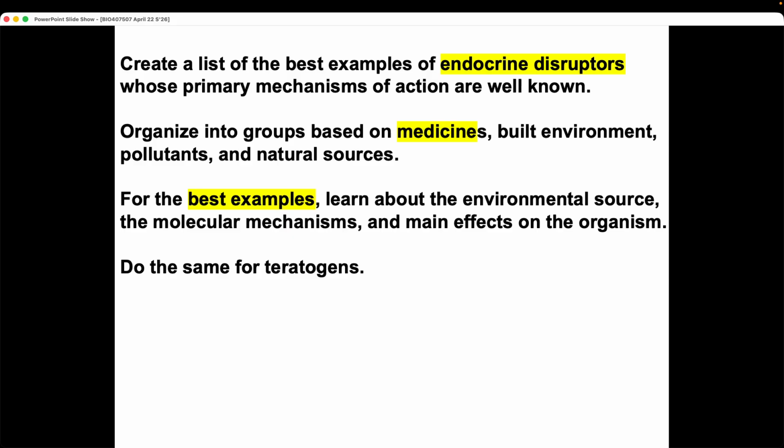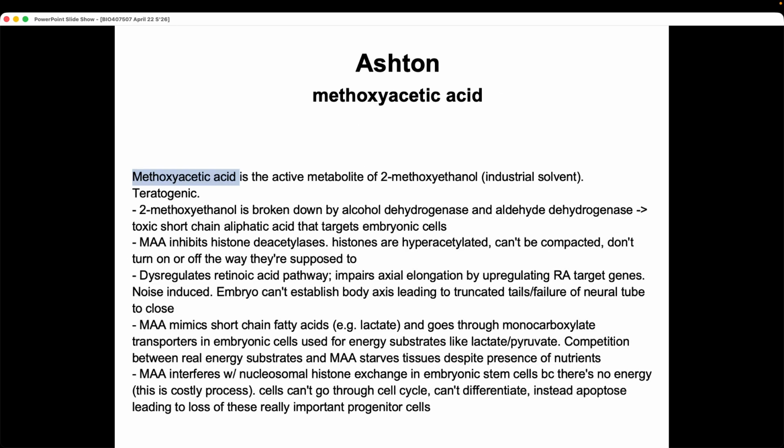I've shown this slide several times, and so here I've highlighted as examples, well, what medicines are known endocrine disruptors, and what would be our best examples of those. And so that's what I think we should be trying to do, is put together those best examples and have those ready as examples like that.